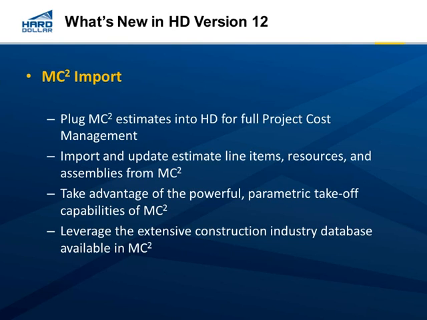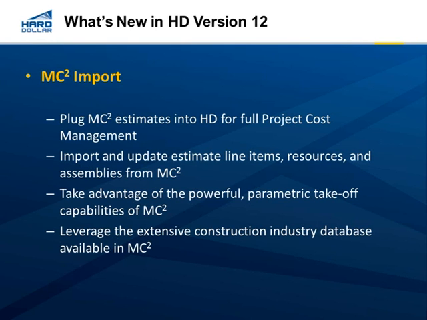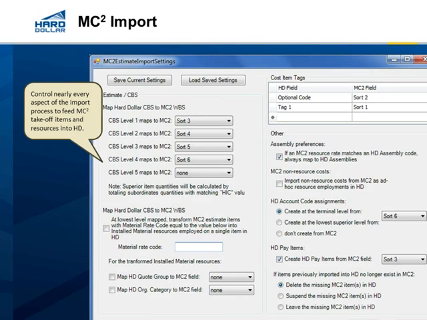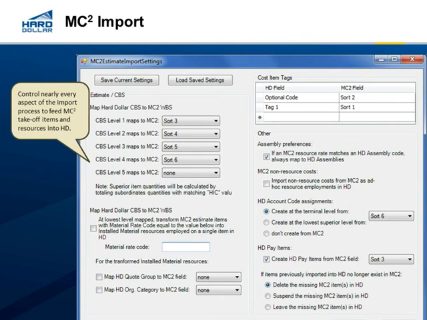So what we've done is write an integration with the tool, and just to give you a glimpse of what that import wizard looks like, taken straight out of MC squared, how are we going to map over all that information? And as you can see, we can create a level 5 structure from how detailed you've gotten on the MC squared side. And we found this particularly useful with heavy industrial companies.